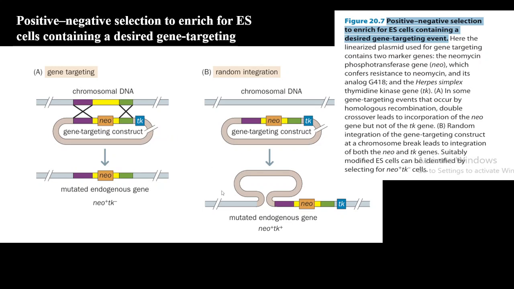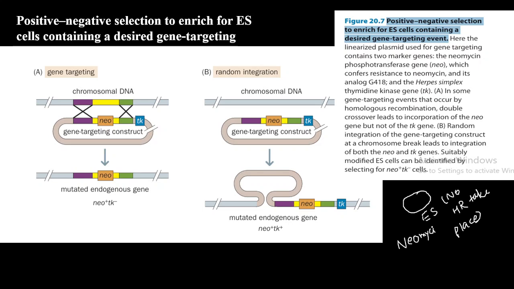For example, suppose this is your ES cell in which there is no homologous recombination taking place. So what will happen? This particular cell will not show any resistance for the neomycin.